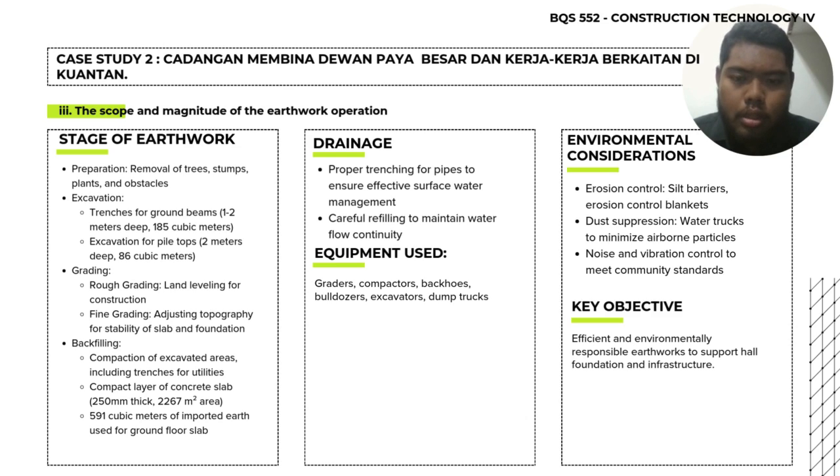Next, the equipment used for this scope of work in this project is a grader, compactor, backhoe, bulldozer, excavator, and dump truck. For the environmental consideration, which is erosion control, we use silt barrier, erosion control blanket, and for dust suppression, we use water truck to minimize airborne particles.